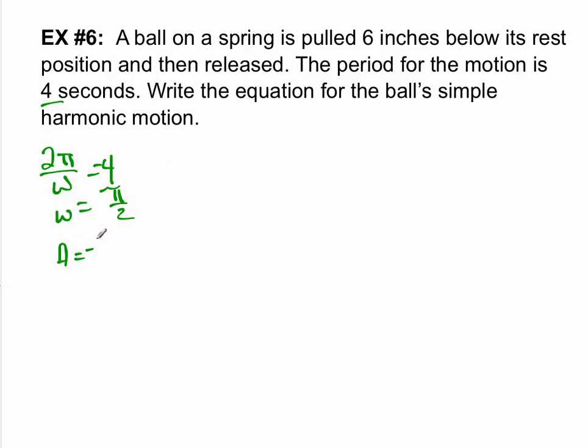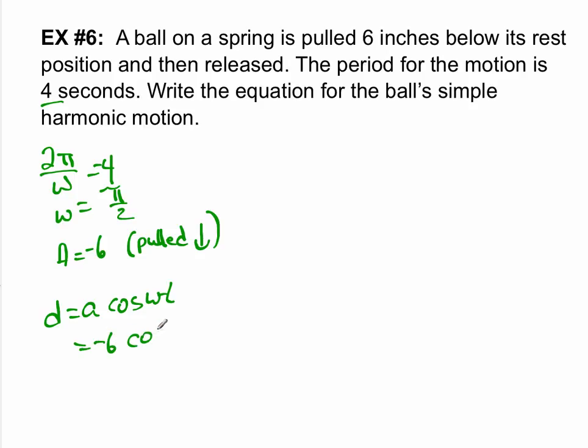A is -6 because we pulled it down. All right, so d = a cosine omega t. So it's d = -6 cosine (pi over 2)t.